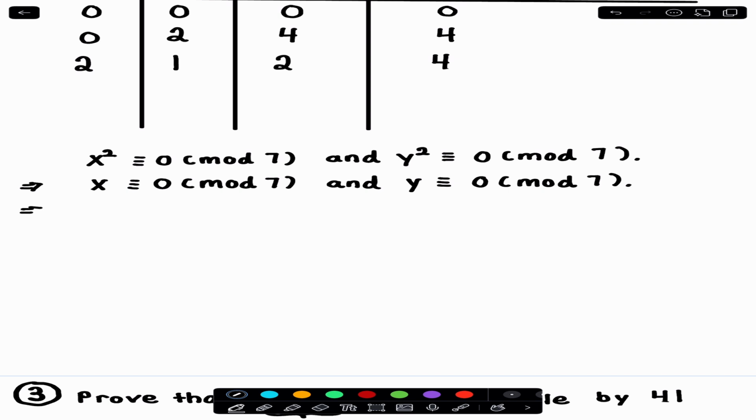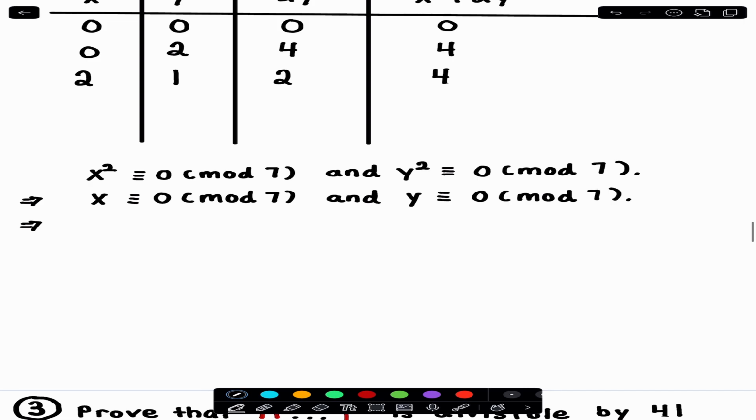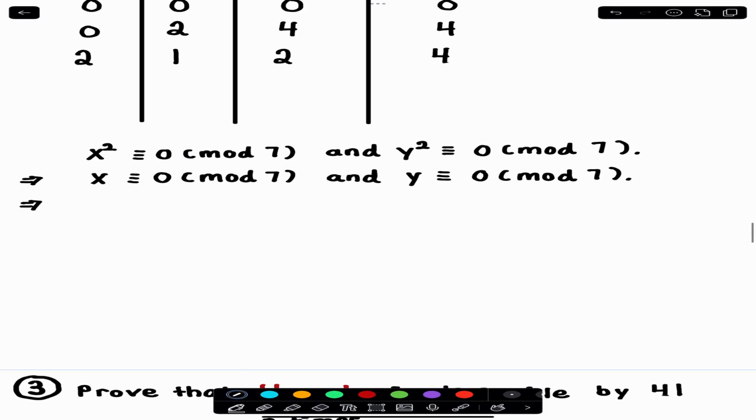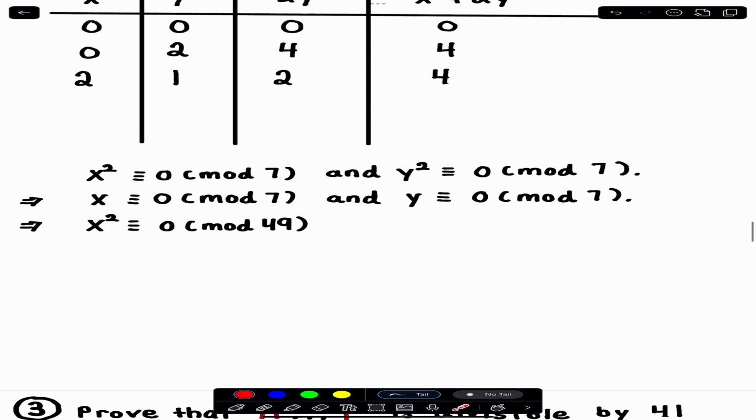And then from here, we can even do better than this, because now that we know x is congruent to 0 mod 7 and y is congruent to 0 mod 7, that means x squared is actually congruent to 0 mod 49. So two things can be true at once.